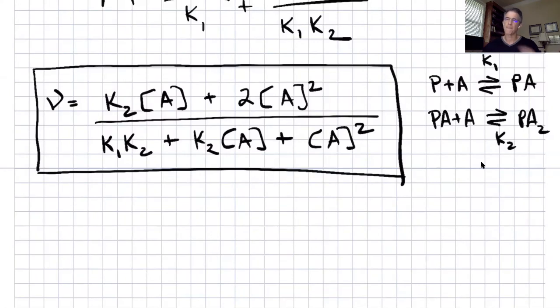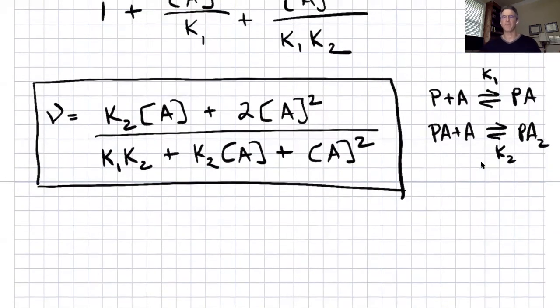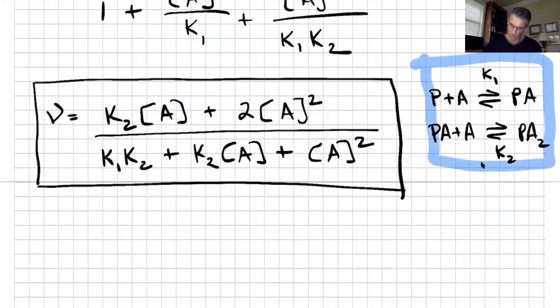But there's a problem if you really think about this, right? Think about the assumption that's built into the scheme, the way I've written it here. Why would the ligand bind to the first site before it binds to the second site?